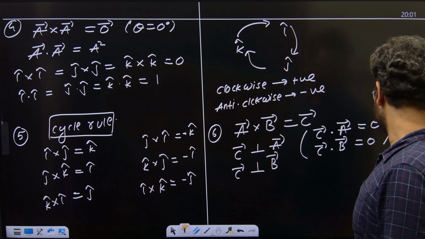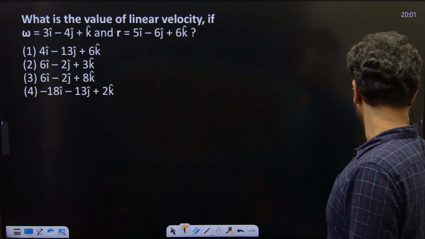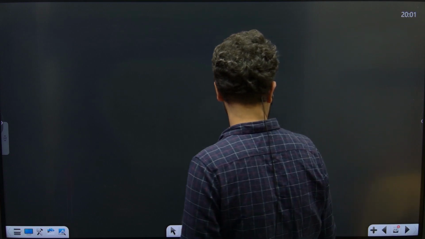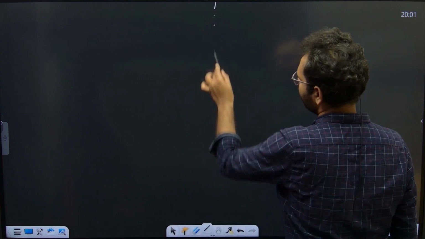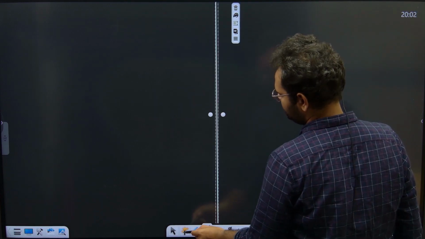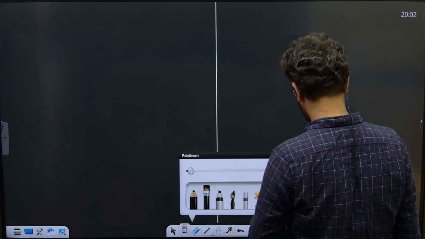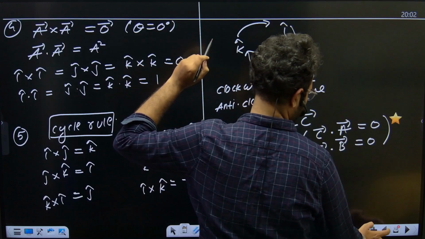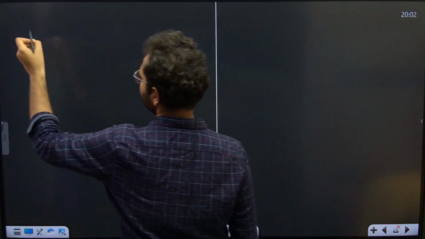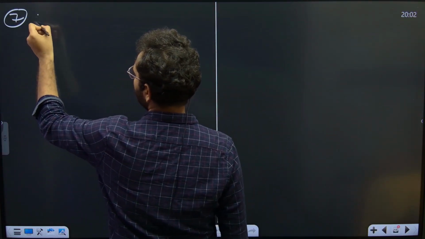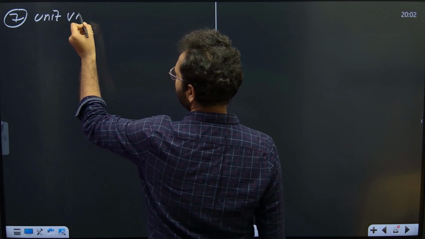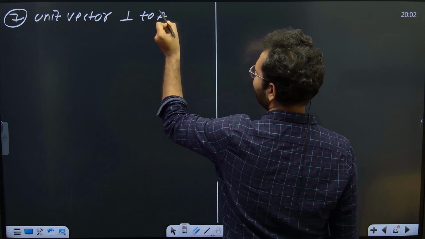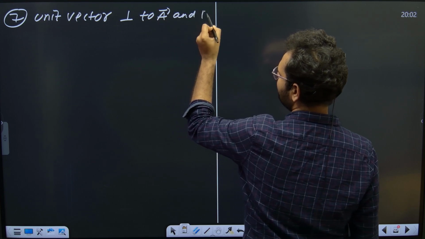Properties of cross product. Sir, is there any other property? Yes, there is another property. This was the sixth property, so now the seventh property: unit vector perpendicular to A vector and B vector.